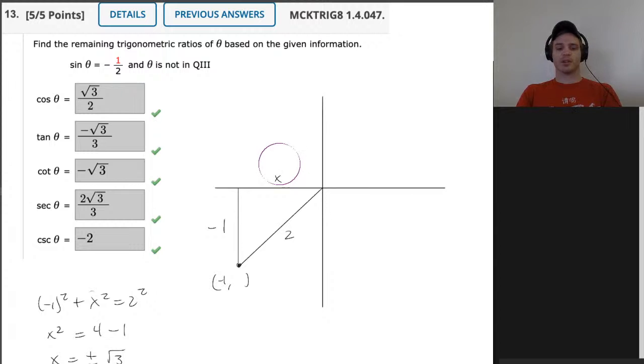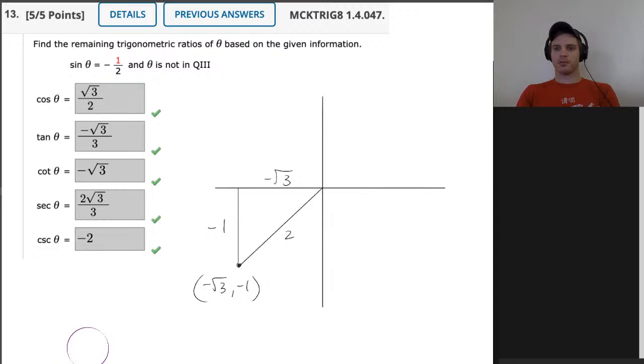X is negative in the 3rd quadrant. So this is -√3. Oh, did I do this backwards? This point is backwards. It's -√3 and -1. Yeah, x, y. That's a really common mistake that I always catch my students making, and I can't believe I did that. Okay, so now you have it.